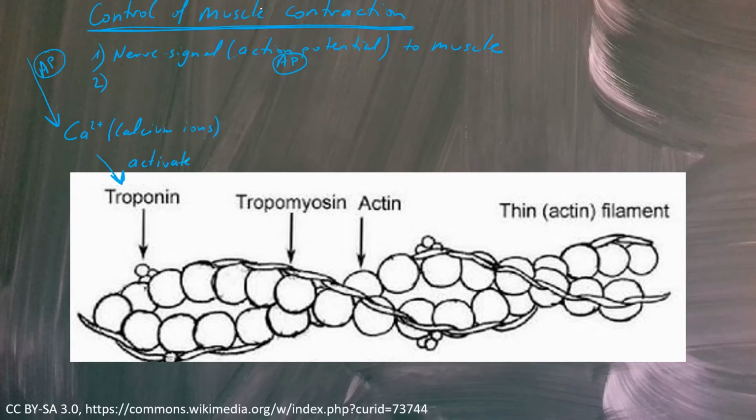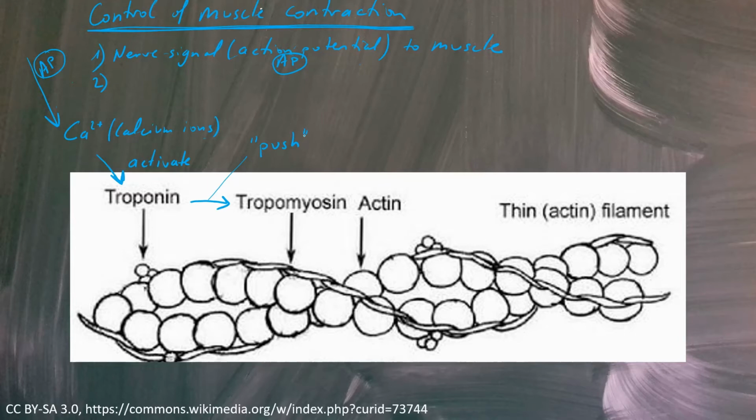When it binds, the troponin changes shape, and the troponin will then push the tropomyosin. I don't know if the word push is the right word to use here. In biology, we say it causes a so-called conformational change, a change in shape.